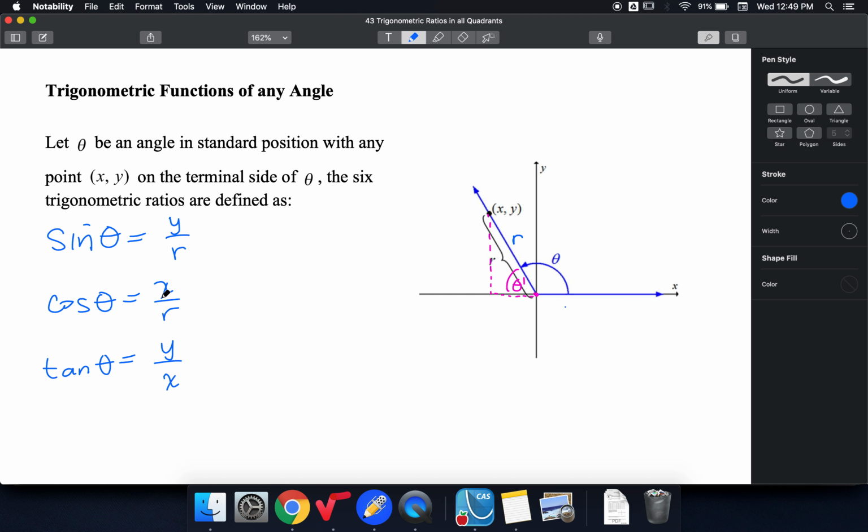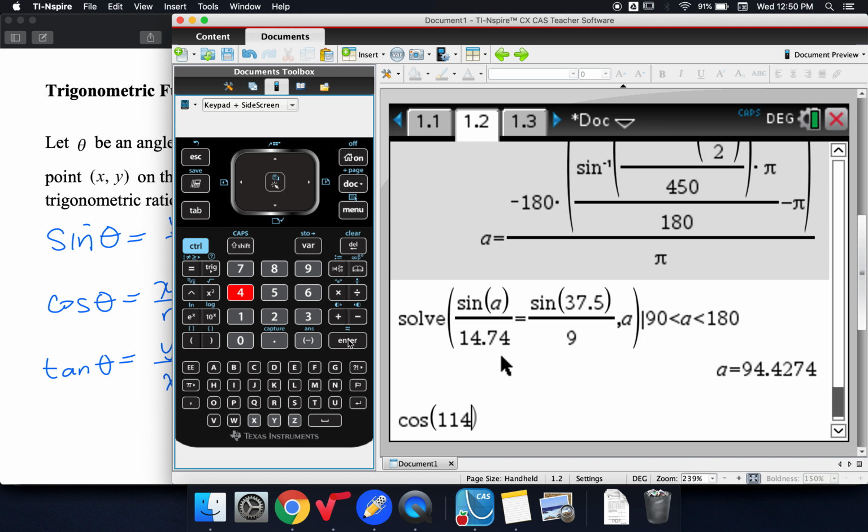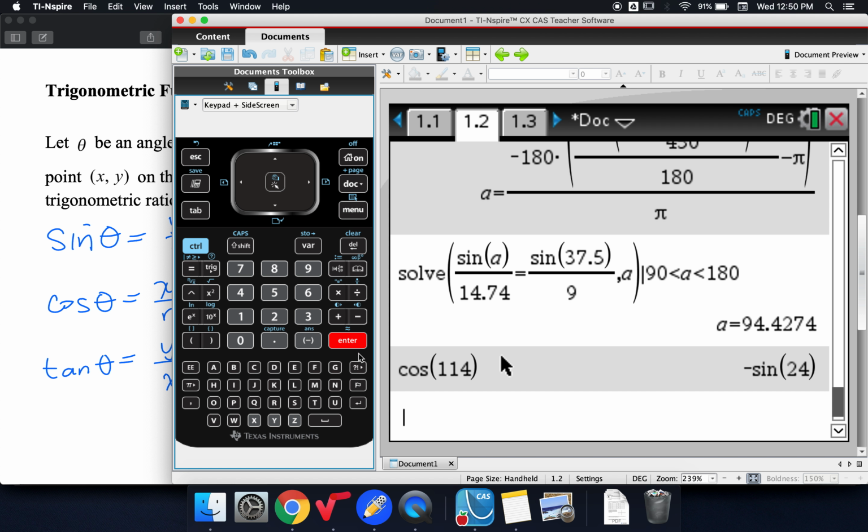This implies that this ratio is actually going to give us a negative value. Let's test that out, for example. It tells me negative sine 24. Well, 24 is not my reference angle.